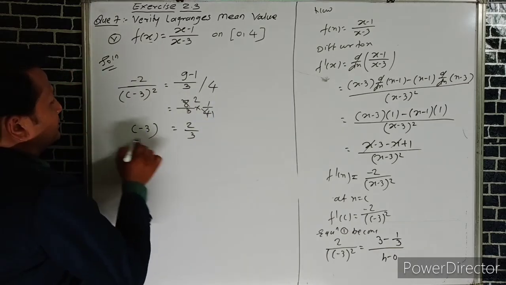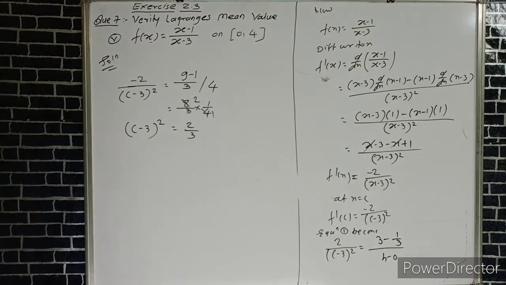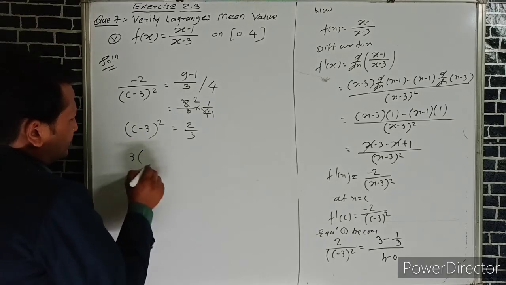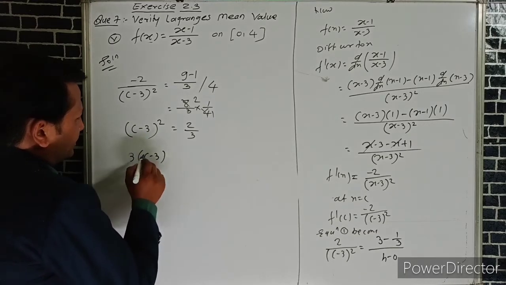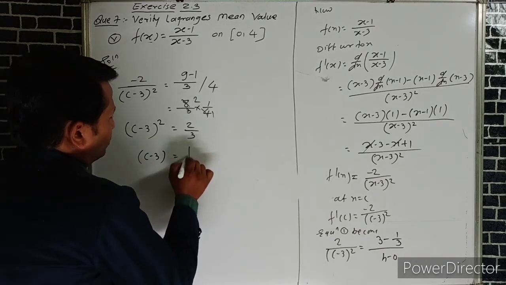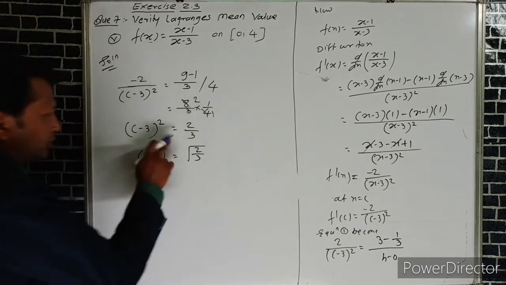c minus 3 bracket square equals 2 by 3. So if we take this 3 to the right side, we can write c minus 3 equals under root of 2 by 3, taking square root on both sides.